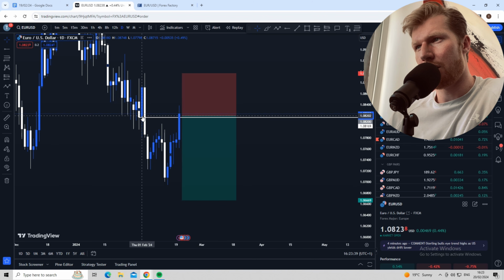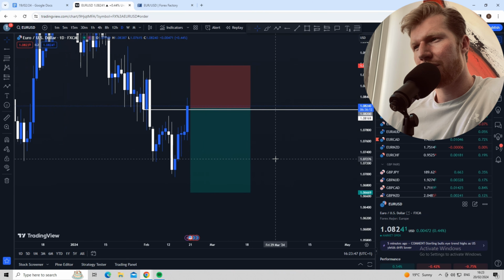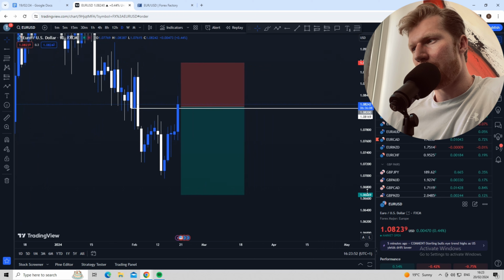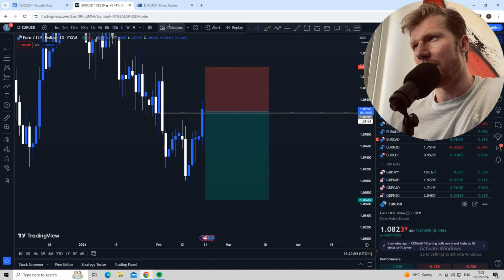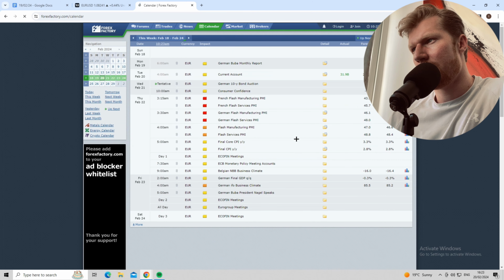We sweep these highs, a reaction from here, and continuation back down to at least this support level, right? Whether we break through that is going to likely depend on data. Yeah, this is going to be important.